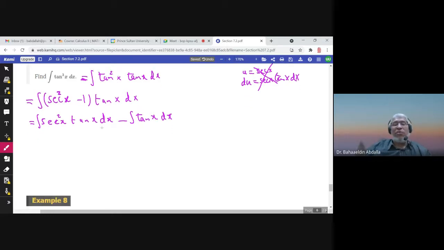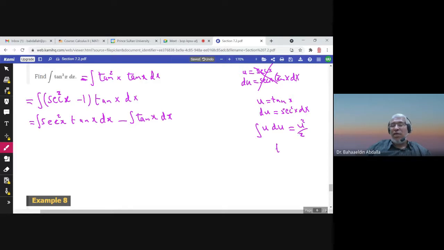So I made them two integrals. The first one is easy because the derivative of tan is secant squared. So I can take u as tan x and du as secant squared x dx. So it would be the integral of u du, which is u squared over 2.